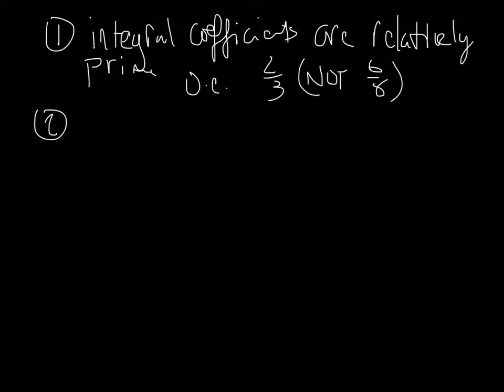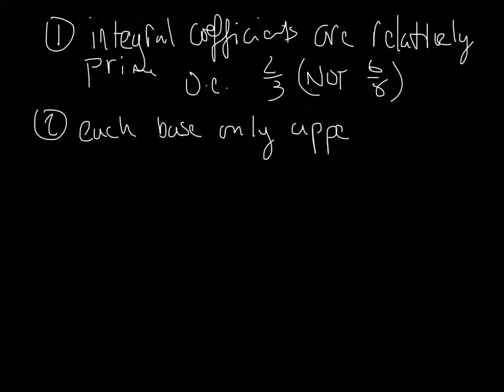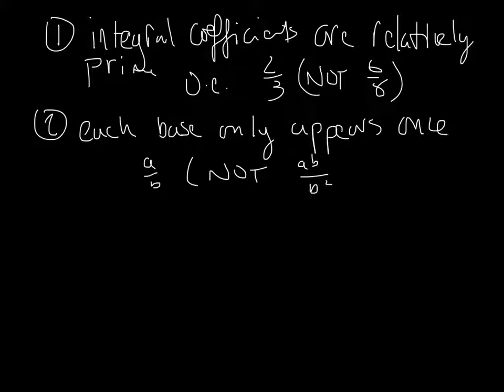Alright, each base only appears once. So that means I can have A over B, not AB over B squared.